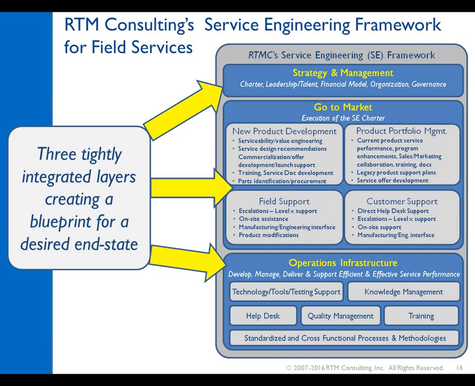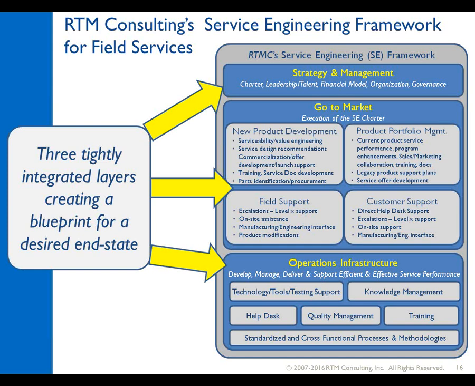There's a second layer, which is our go-to-market layer, and I'll talk on the next page a little bit about each of these boxes here in the middle because they're pretty relevant to, I'll say, the meat of a good service engineering environment or function, to include new product development, your existing product portfolio, your field support operations and people, and then customer support capabilities that you have that generally would work in concert with your field support teams.